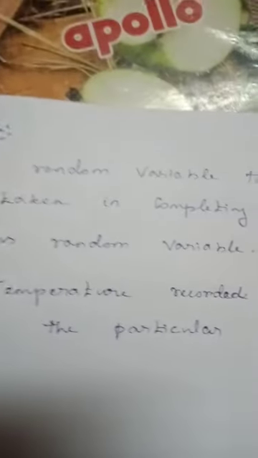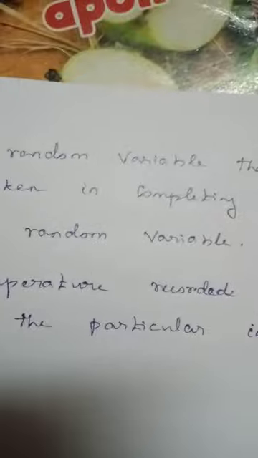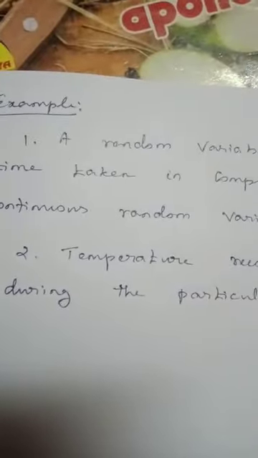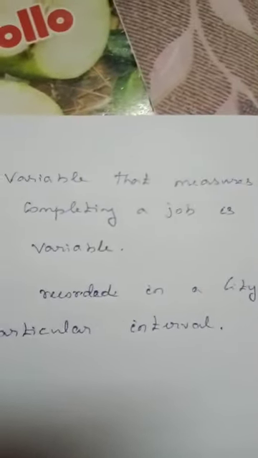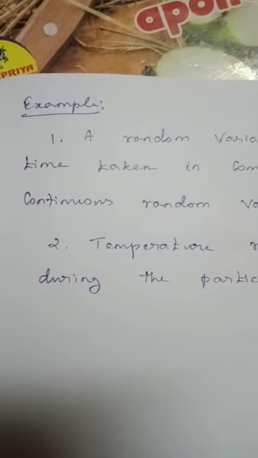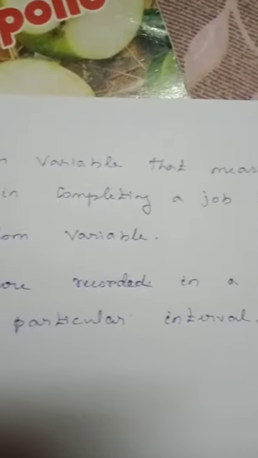For example, a random variable that measures the time taken in completing a job is a continuous random variable. Here X measures the time taken in completing a job.